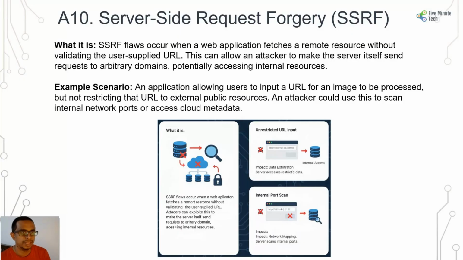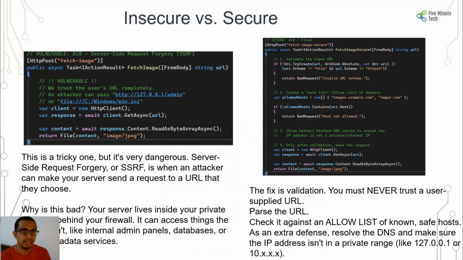So it is more like impersonation, trying to access the server's resources. An example is an application allowing a user to input a URL for an image to be processed but not restricting that URL to external public resources. An attacker can use this to scan internal network ports or access cloud metadata. The left-hand side is the code which can lead to an SSRF attack.